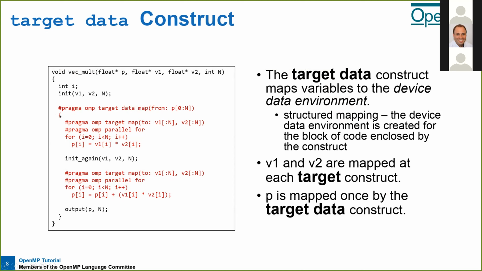From here to there, the variable P remains valid on the device, and at the very end, it's mapped back from the device to the host. And V1 and V2 are mapped at each target construct, just as I explained. Okay, so structured data management means we have a well-defined lifetime of the data on the device.